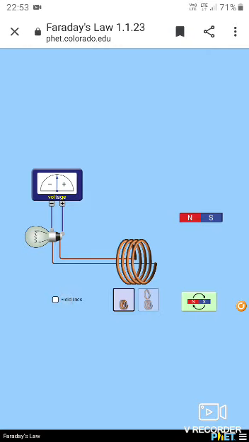Now, if I bring this magnet inside the coil, then we say that current is induced in the coil. Remember, only I am bringing the magnet, not any external source.